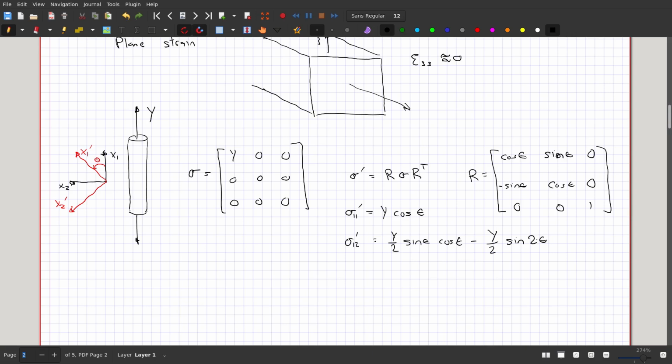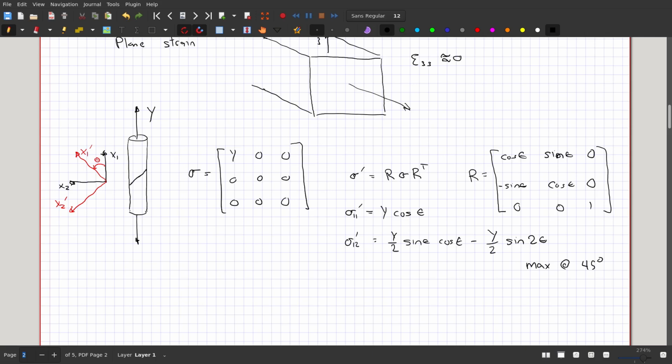And if you try to find the angle that maximizes these, what you'll find is that it's 45 degrees. So returning to our block, if we had a state of stress and wanted to know the maximum shear stress with respect to the original coordinate system, it would be along a plane that's 45 degrees.